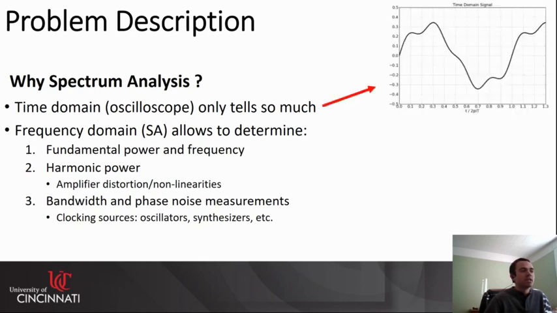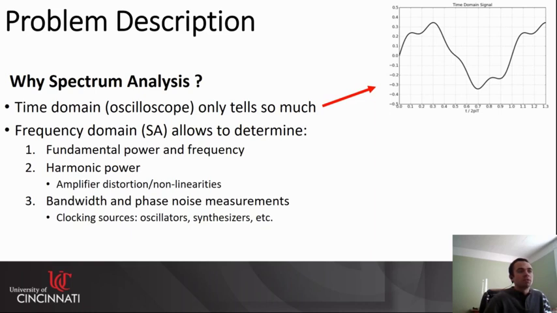That's because time domain only tells you so much. Here's an example, maybe the output of an amplifier, and you'd expect to see a sinusoid. But this looks to be a sum of sinusoids, and that's just an assumption. There's really no way to prove that if you're just using time domain analysis.